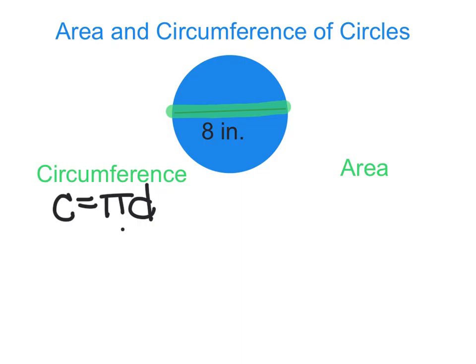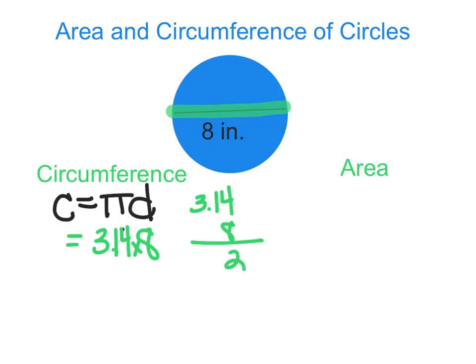So I'm going to plug in 8 for my diameter, and I know that I'm going to use 3.14 for pi, and all that means is I have to multiply those two. So off on the side, I take 3.14 times 8, and I just multiply a decimal like I know how to do. That would be 32, and that's 25, and I move it back 2 places.